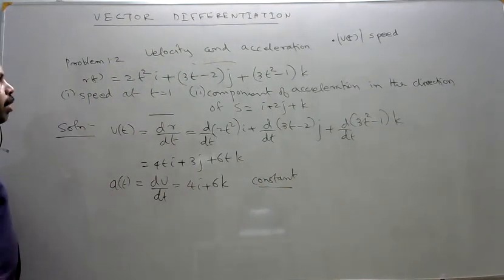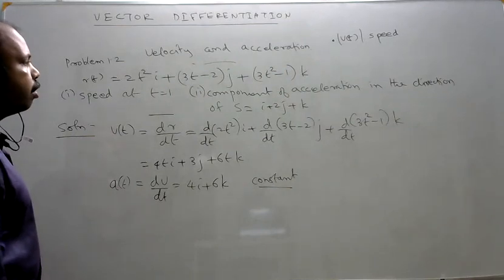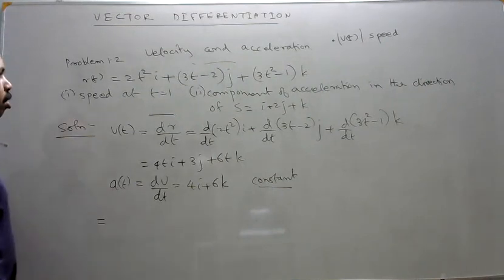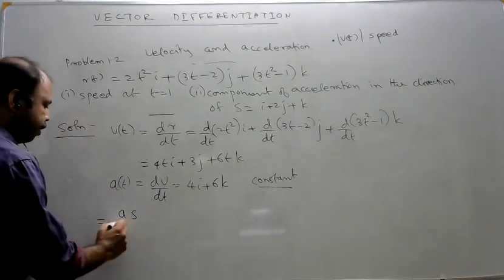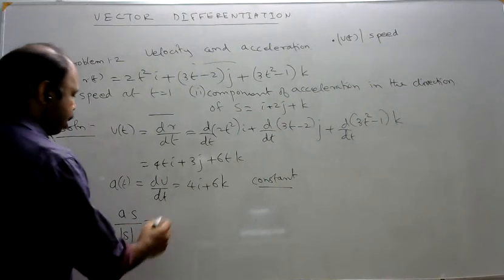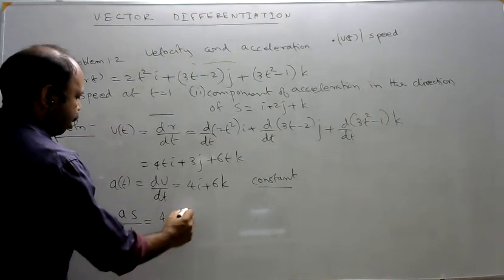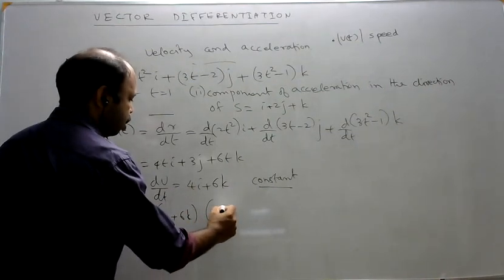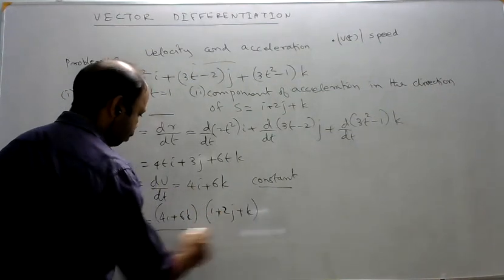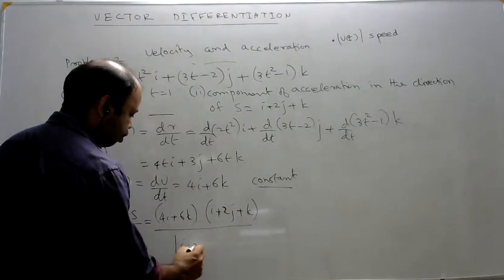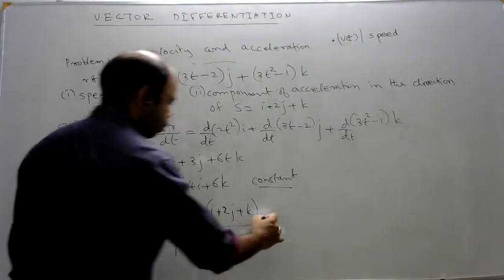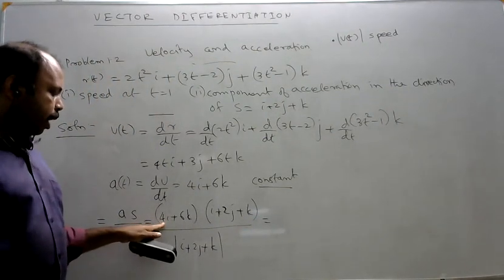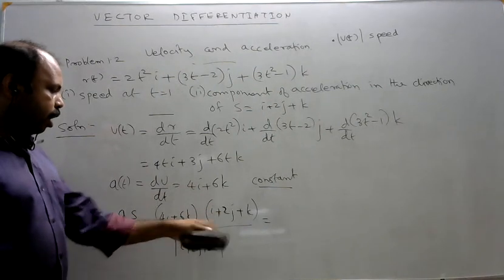Now we need the component of acceleration in the direction of s equal to i plus 2j plus k. So component in the direction of s is given by A dot s divided by mod s, equals (4i plus 6k) dot (i plus 2j plus k) divided by modulus of i plus 2j plus k. For computing the dot product, we just multiply the components of i, j and k, then add up.